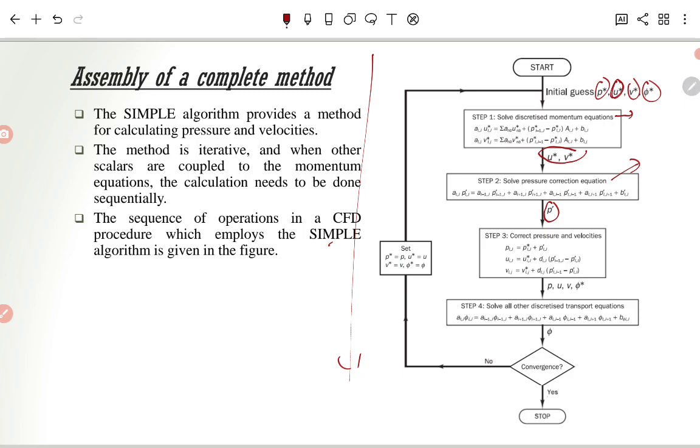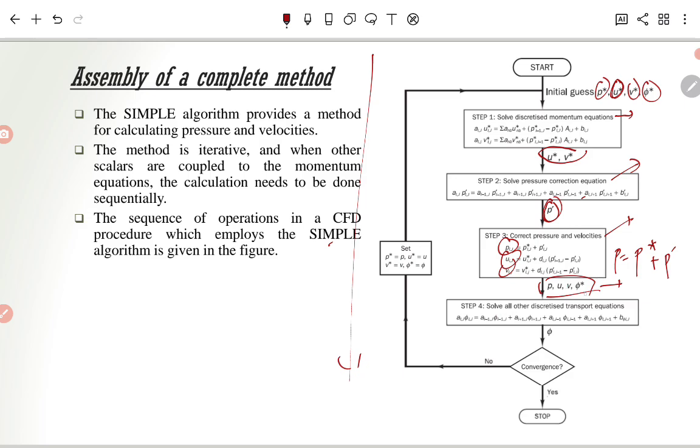Then we use the corrected pressure for the velocity, where P is equal to P star, the guess, plus P prime. When we have this, we can obtain the pressure, and similarly when we have the U from here, we can obtain the correct value of U. So from here we get the real, correct value of pressure and all the properties.